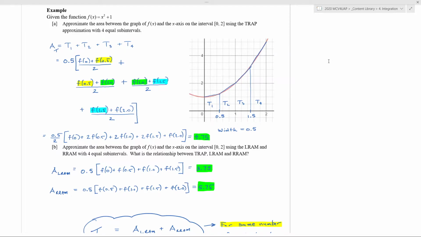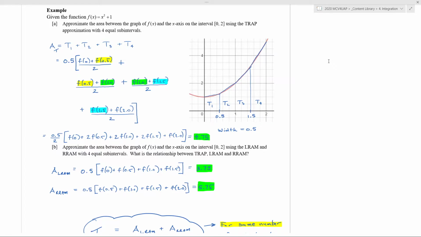So if you look closely enough at that expression, you can rewrite it the way that I did there. You can see that there's a 1/2 in each term. So in addition to having the 0.5 outside, you can factor out 1/2. And you would have 0.5 divided by 2 on the outside of the bracket.